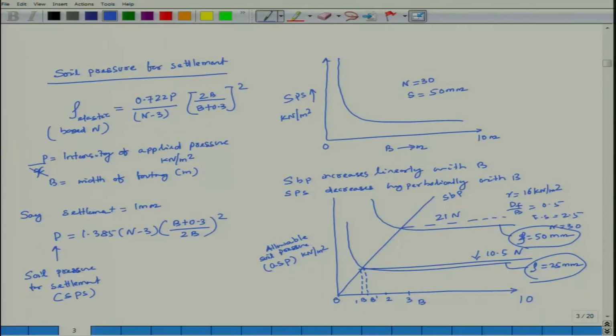So, considering both SBP, soil bearing pressure, as well as soil pressure considering settlement, out of these two the minimum is your allowable soil pressure, that comes out to be your 10.5 N and 21 N. 10.5 N for your settlement of 25 mm and 21 N for your settlement of 50 mm.